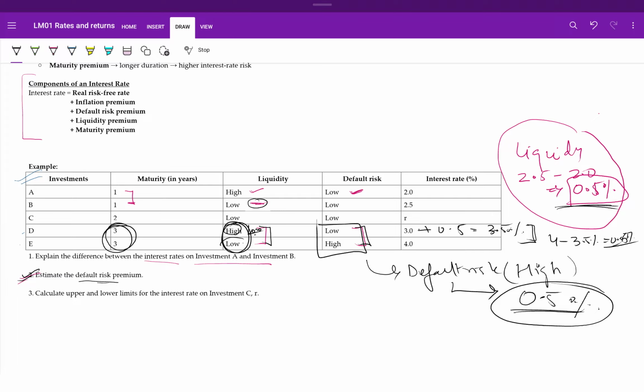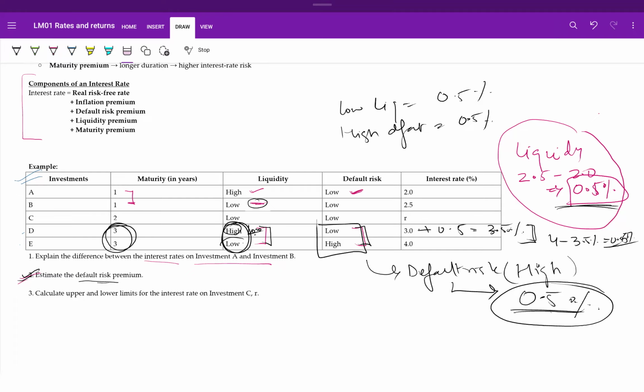Now, understand this. If the default is high, the premium is 0.5. If the liquidity is low, the premium is 0.5. I want a premium of 0.5 for low liquidity, and for high default, I want a premium of 0.5% in both cases.